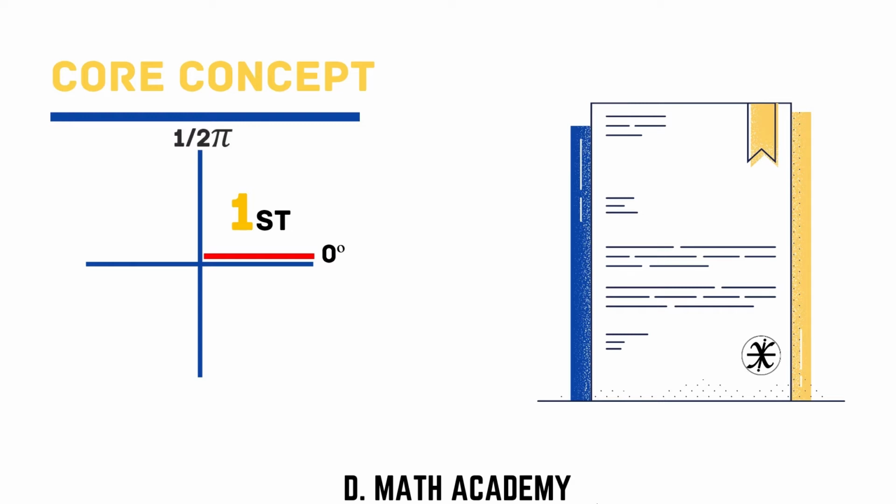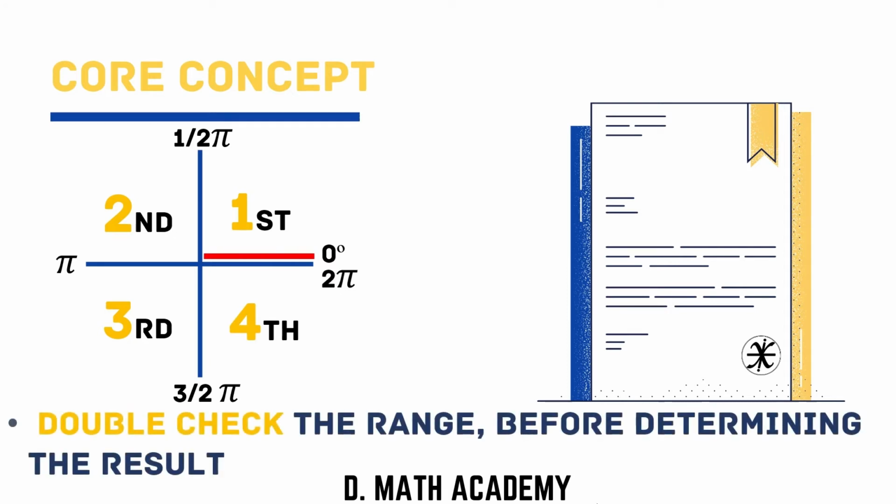Moving up to the center, we have 1 over 2 pi, followed by the second quadrant, then pi. Third quadrant, 3 over 2 pi, and the fourth one, you will get 2 pi. So do double check the range, because this is an important step before you decide what to fill in as your final answer.